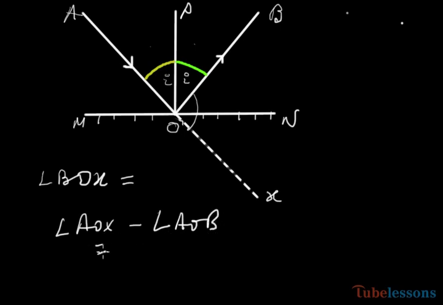That is equal to, AOX means 180 degrees, minus AOB, which means AOP plus BOP.